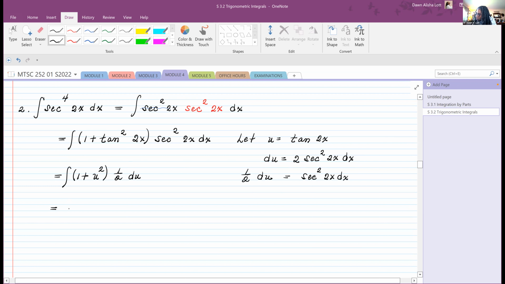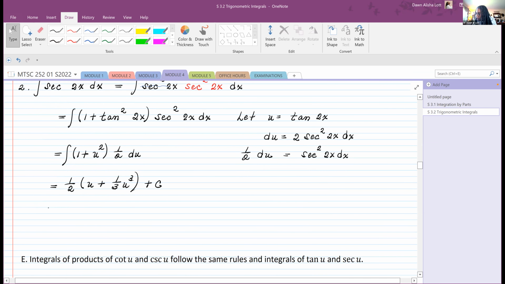This becomes u plus 1/3 u cubed, and I forgot my half here. So let's put my 1/2 in front. I get u plus 1/3 u cubed plus a constant. And I know u is the tangent of 2x.